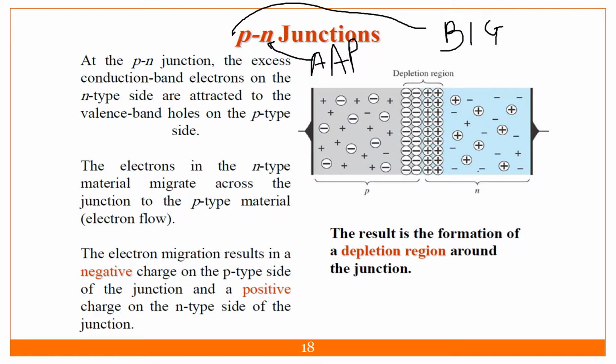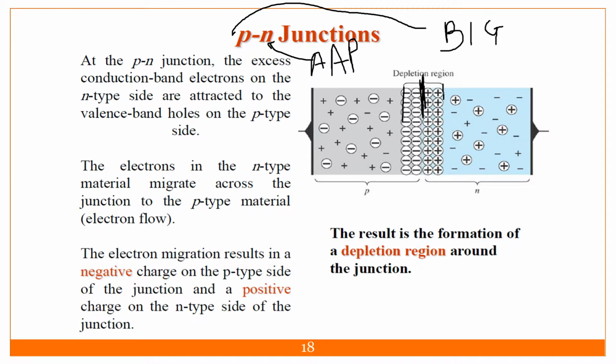If you join these two, the electrons and holes get attracted and form one junction. The boundary where they are joining is called a junction, and the layer formed by these two is called the depletion region.